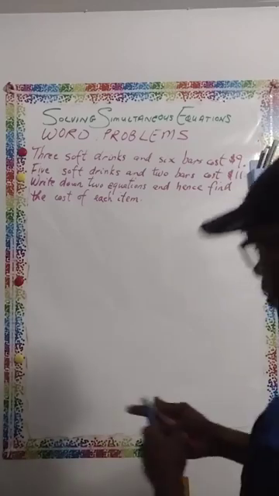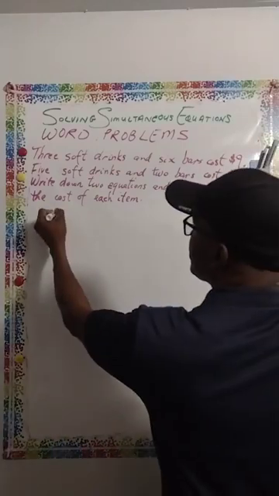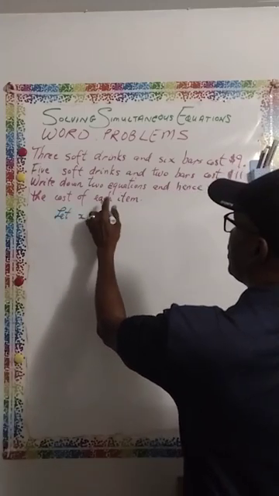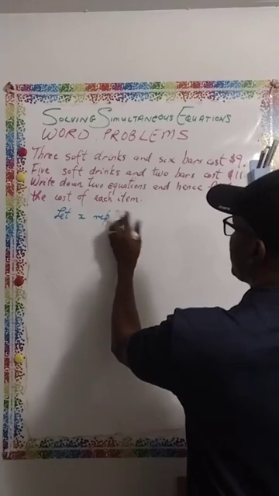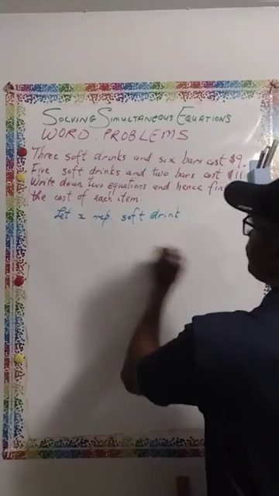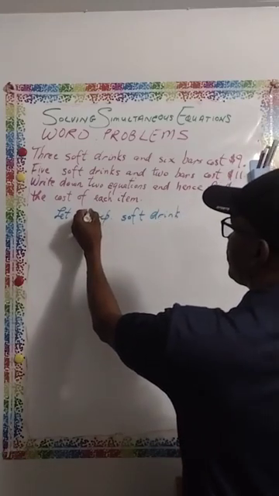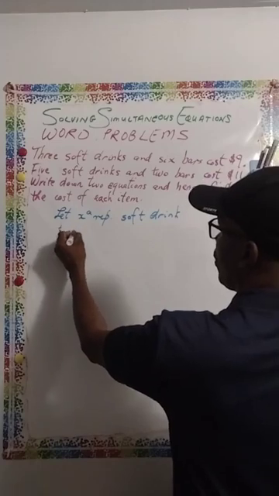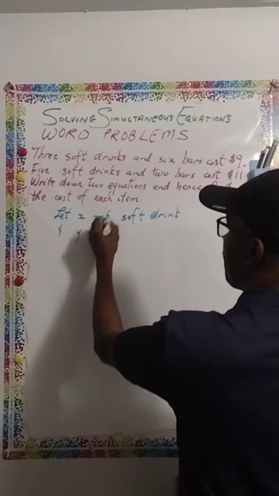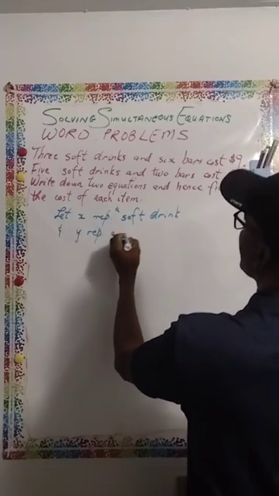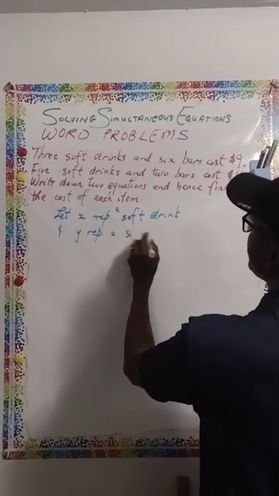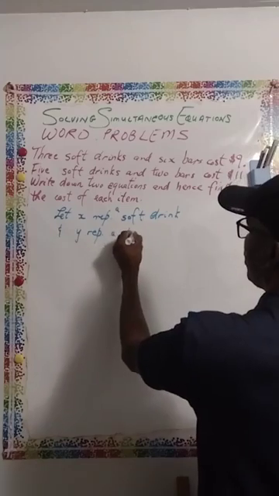So in other words, we're going to say let x represent a soft drink, and y represents a bar, right?